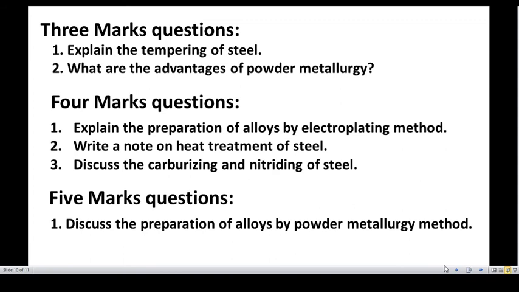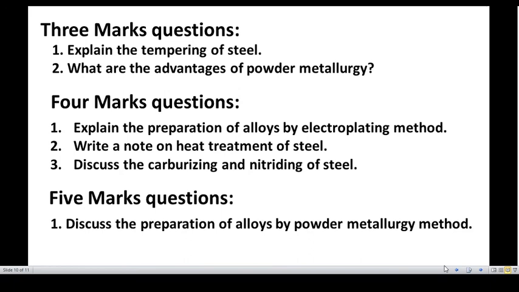Then the operation is carried out below the melting point of the alloy to be prepared, because at a temperature below the melting point of the alloy, the sintering of the elements occurs properly. So therefore it is carried out below the melting point of the alloy.